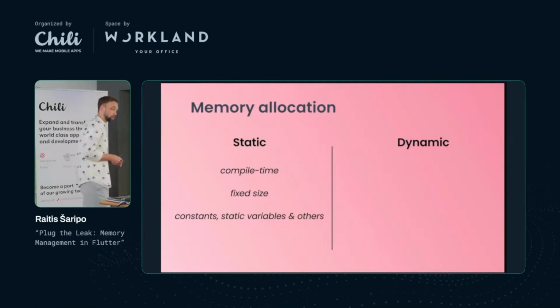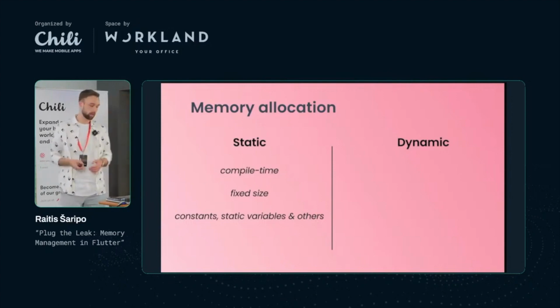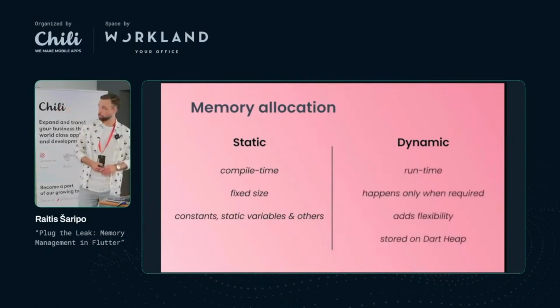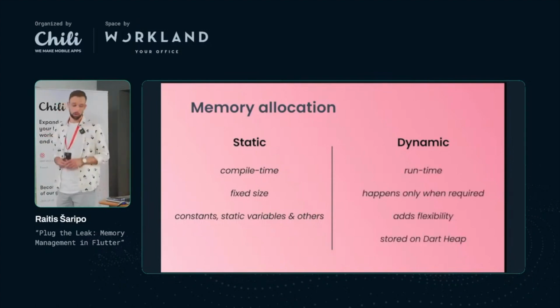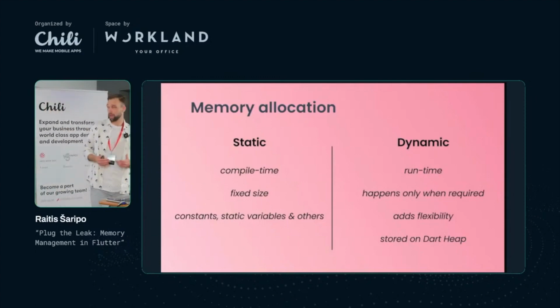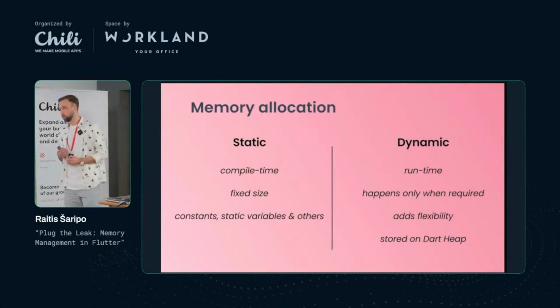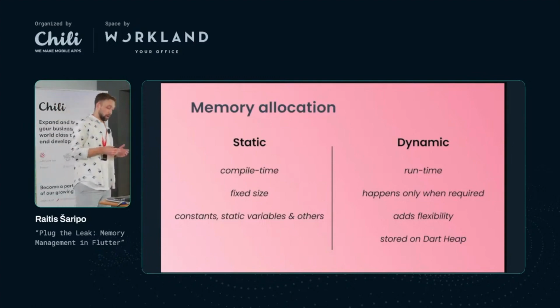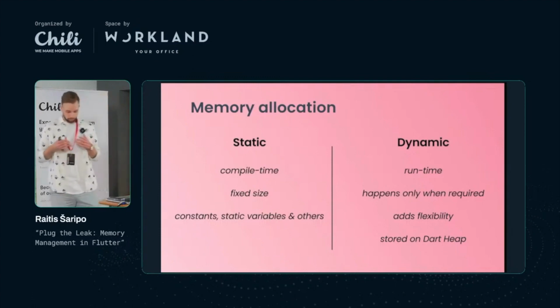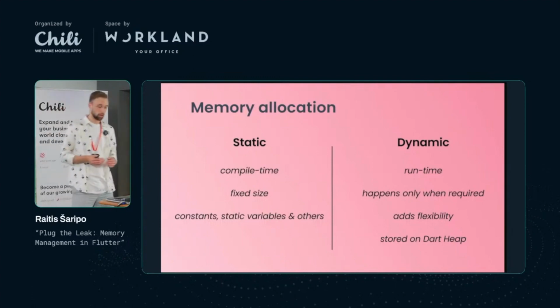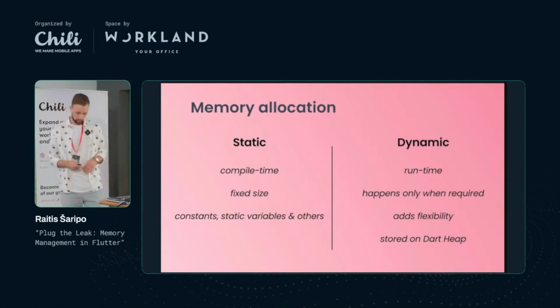Mostly constants and static variables are the ones that are allocated statically. Dynamic allocation, on the other hand, happens on the go during the runtime of the application. It adds flexibility in terms of size, and the objects are allocated only when it's actually required.